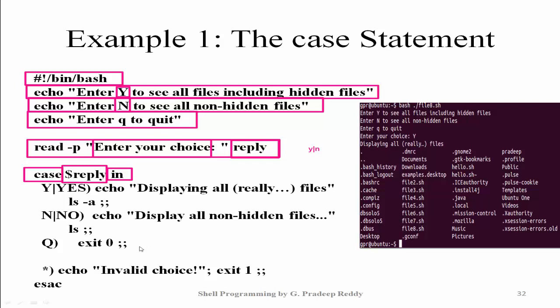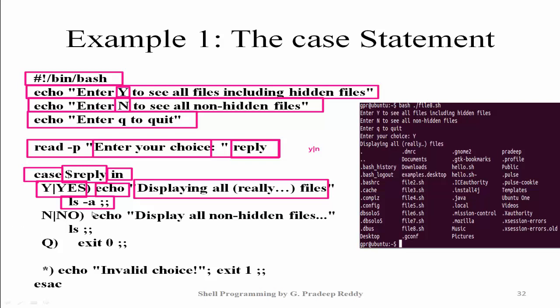Now a user may enter capital Y or YES or small y. Otherwise you can use the OR symbol and also specify small y. Now it is going to echo display all files, which is really ls -a, the command which is going to print including the hidden files.